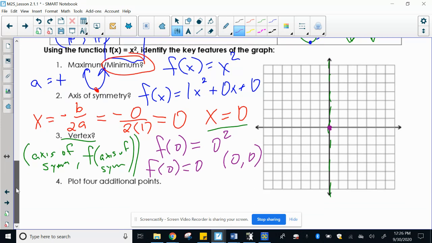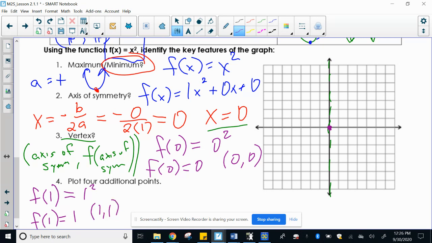Next, it says plot 4 additional points. Well, from here, we're going to just substitute in easy x values and see what we get in our original function. For example, I could find f of 1. Plugging in 1 for x, that's 1 squared. So f of 1 equals 1.